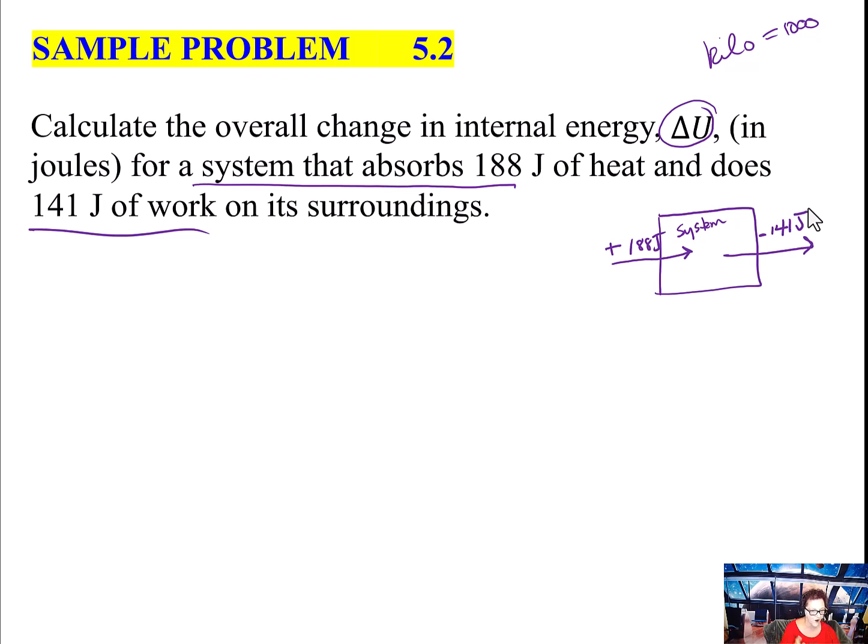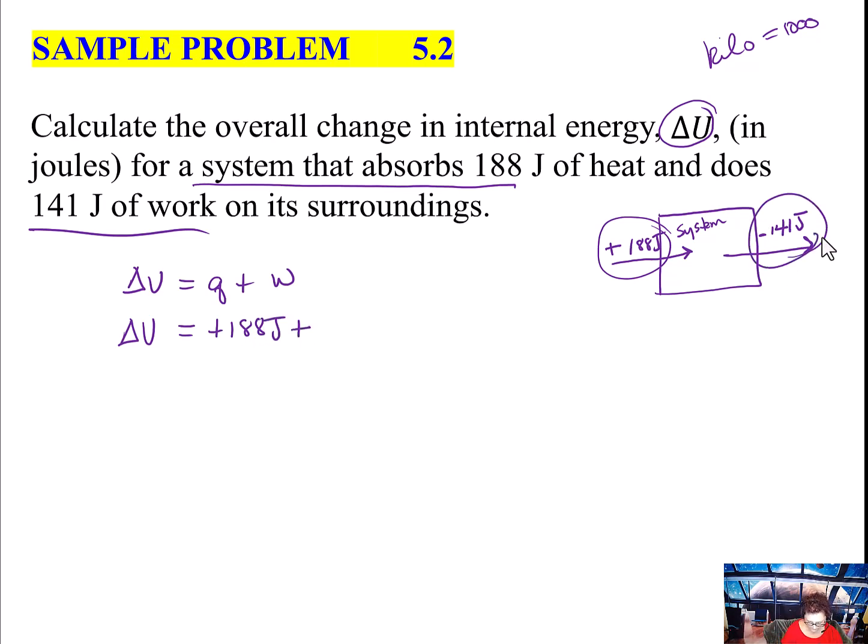And so the overall change is delta U equals Q plus W. So the delta U is going to be the heat, and it's positive because I was adding it, plus 188 joules, plus I'm removing work, that is, I'm using it for work.